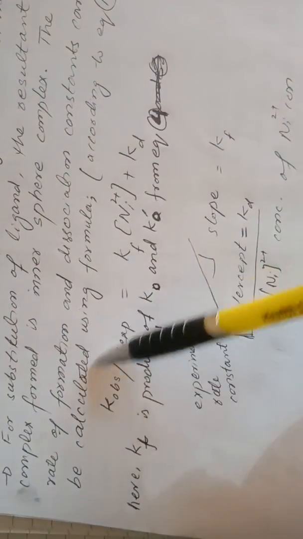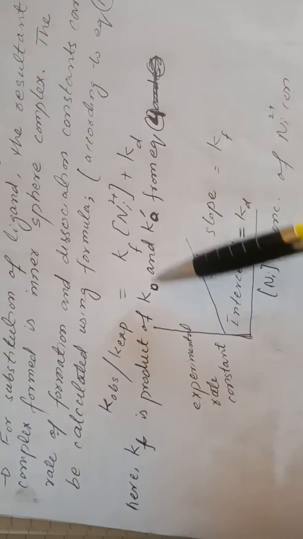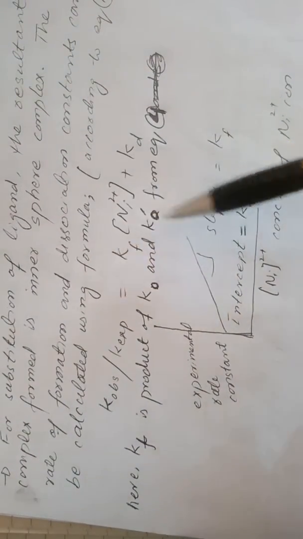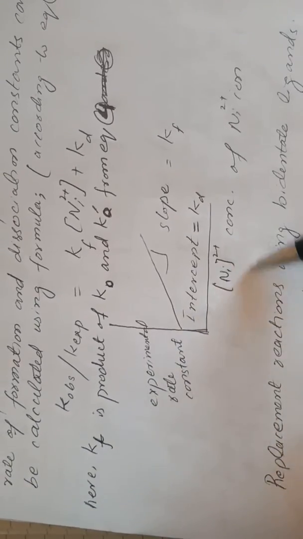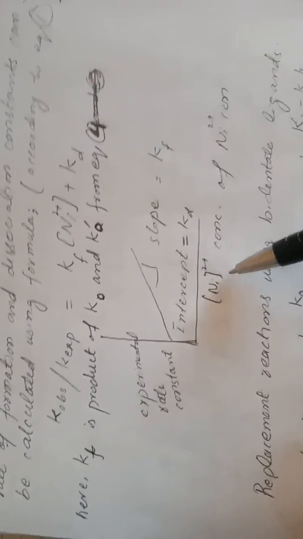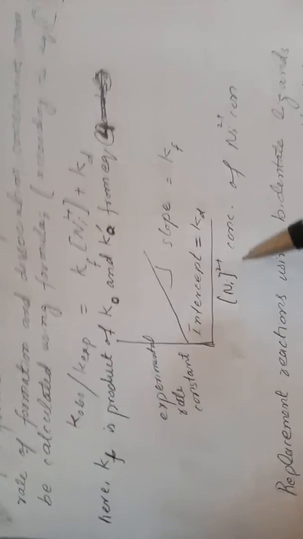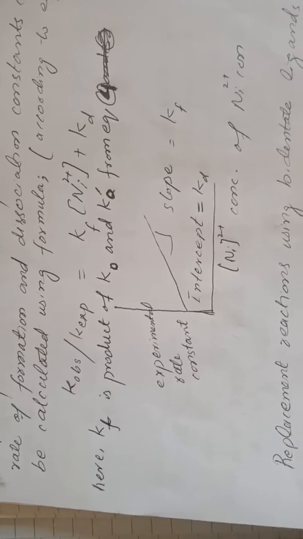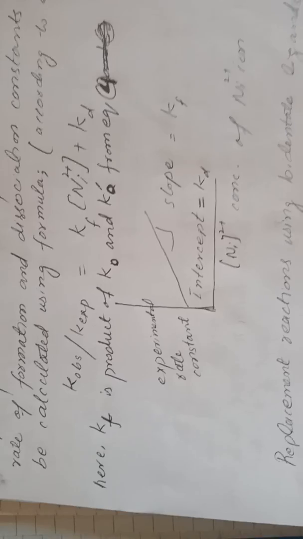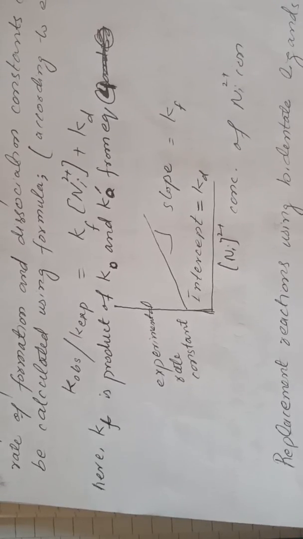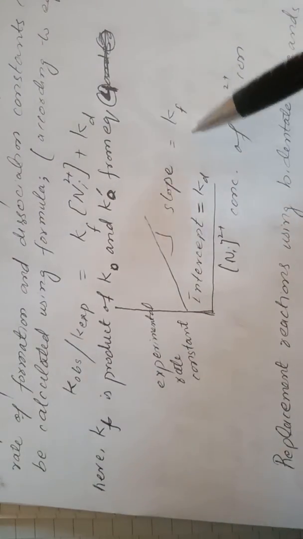Here the rate that is observed experimentally is plotted with respect to change in the concentration of nickel ion in the solvent. Overall rate of forward reaction and rate of dissociation is calculated from the slope and the intercept of the experimental rate constant change with respect to the nickel ion concentration plot.